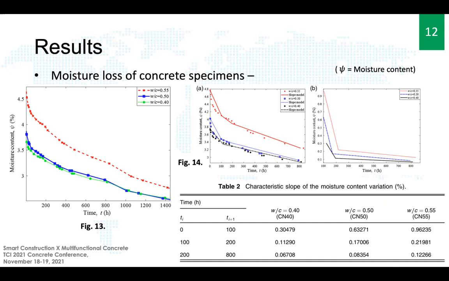This bilinear model essentially used the 100-hour to 200-hour time in the air drying process. And Table 2 presents our parameters to distinguish these 2 different slopes in the air drying process.